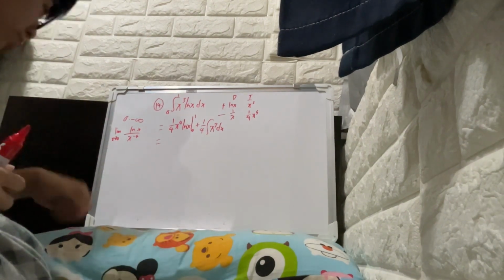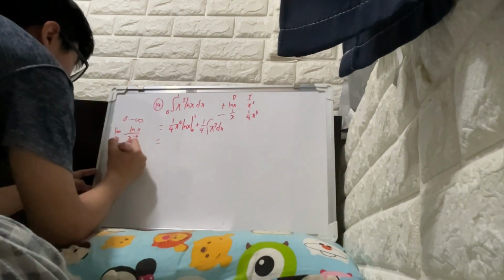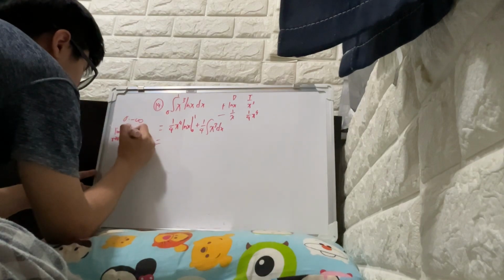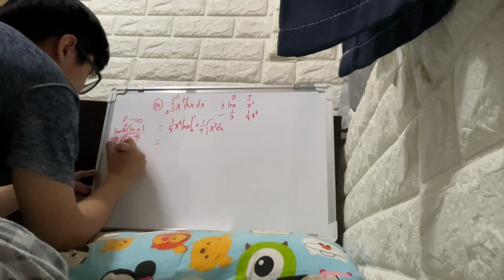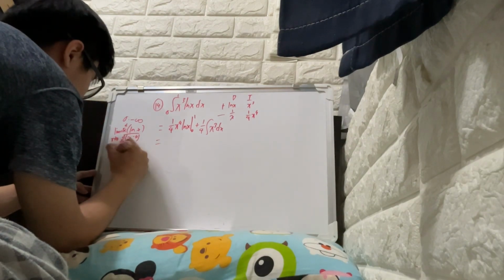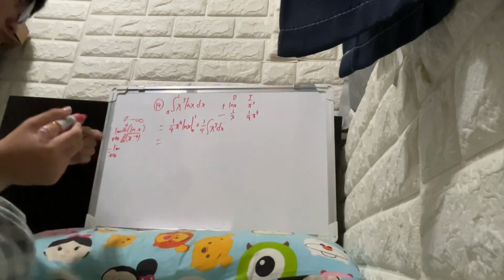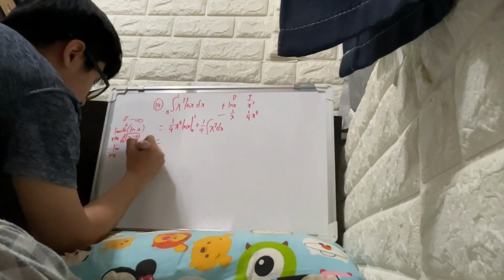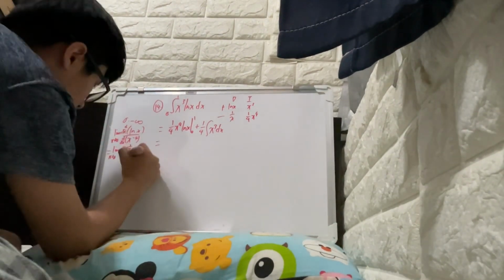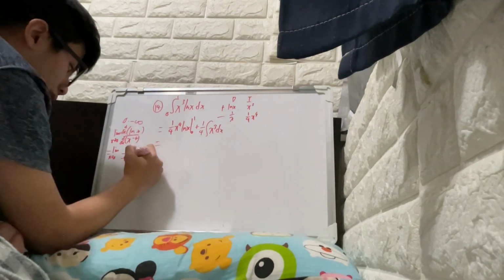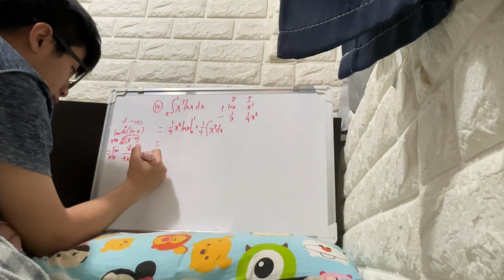This is an indeterminate form, so we're gonna use L'Hospital's rule. I don't know how to pronounce this, but don't worry. So if you differentiate ln x, you get 1 over x. If you differentiate x to the power of -4, first you bring the power down and then you subtract from the power, so it becomes -5.